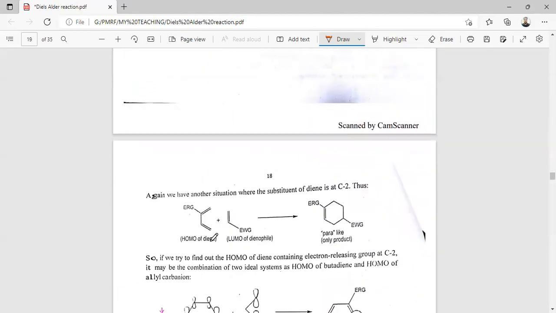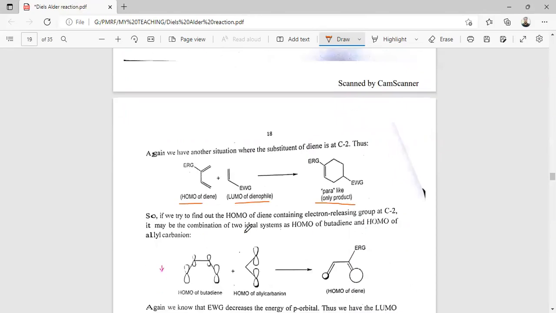Again we have another situation, where the diene is substituted at the C2 position. Thus the HOMO of the diene and the LUMO of the dienophile give only the para-like product. If we find the HOMO of the diene containing an electron releasing group at C2, it may be a combination of two ideal systems: the HOMO of butadiene and the HOMO of the allyl carbanion.